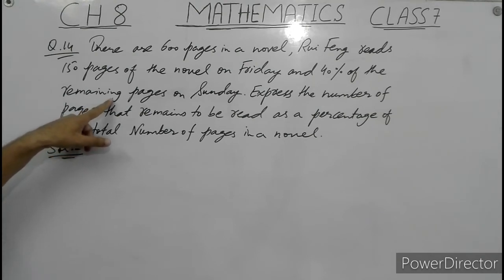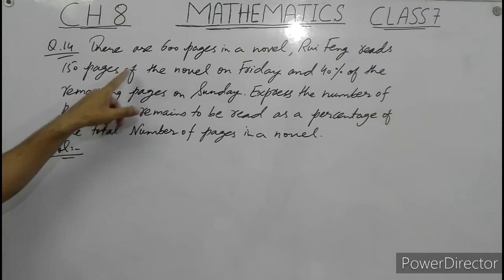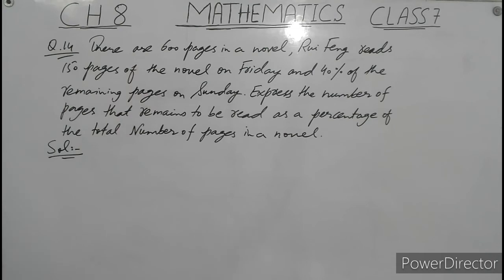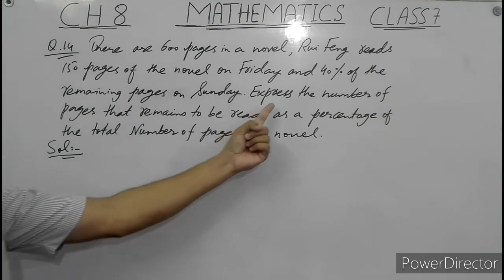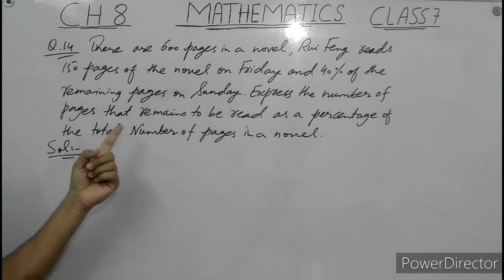So firstly I will find the remaining pages by subtracting 150 from 600. Then I will find its 40% to get the pages read on Sunday. Then we have to express the number of pages that remain to be read.